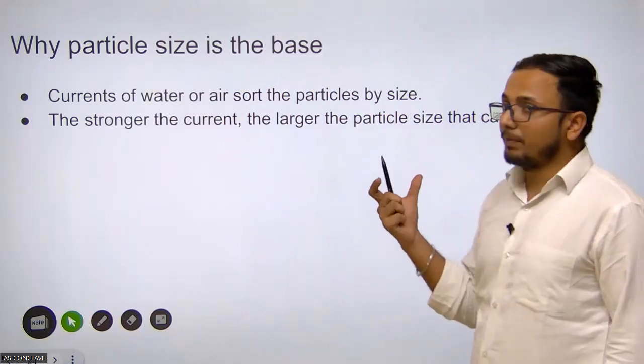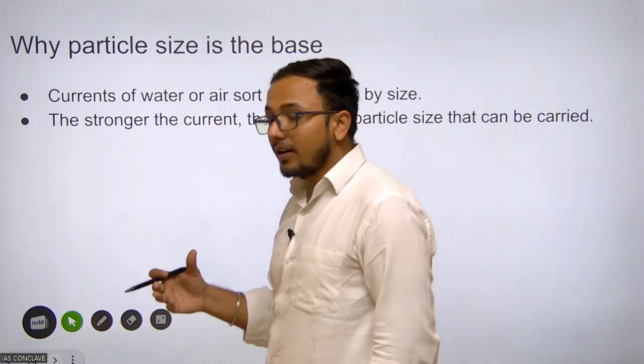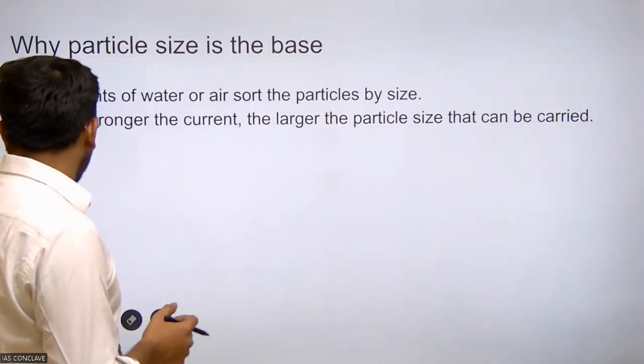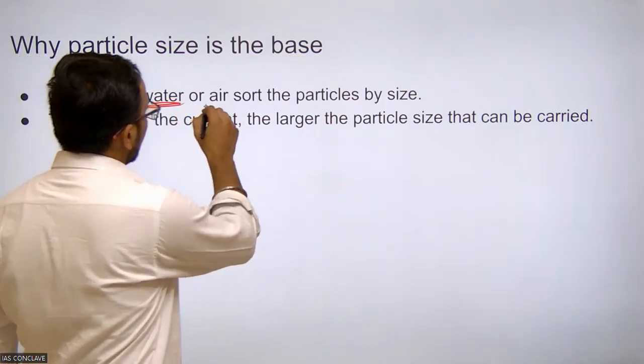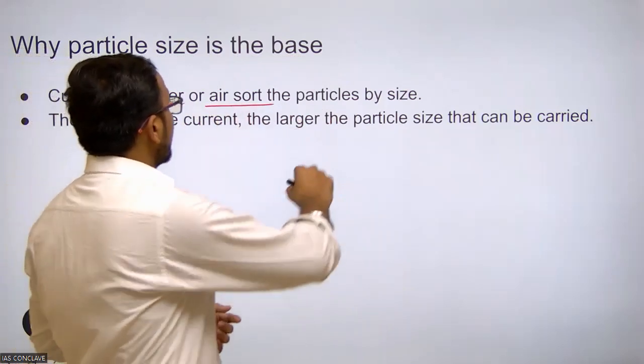Now, why is particle size the base of the detrital sedimentary rocks? Because of the power of the current, the carrying capacity. If you look at the current carrying capacity, the current of the water or air sorts the particle size. So what is sorting then?